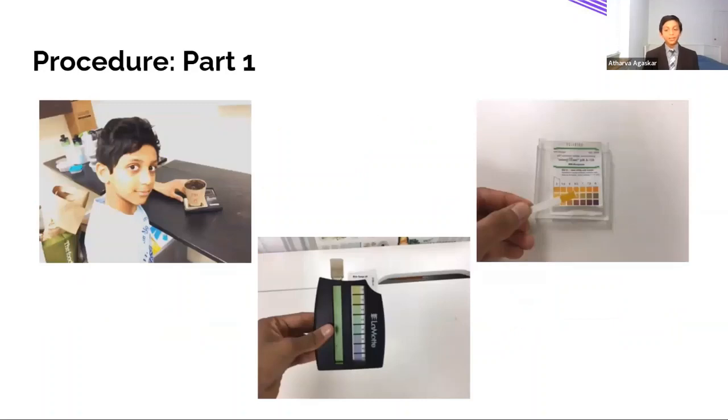My procedure consisted of two parts, the first one being soil preparation. The first step was to pour 100 grams of soil into 5 planters. Then I labeled each planter with pH levels of 5 to 9. Then I used lemon juice and baking soda to create the desired pH level in each planter.